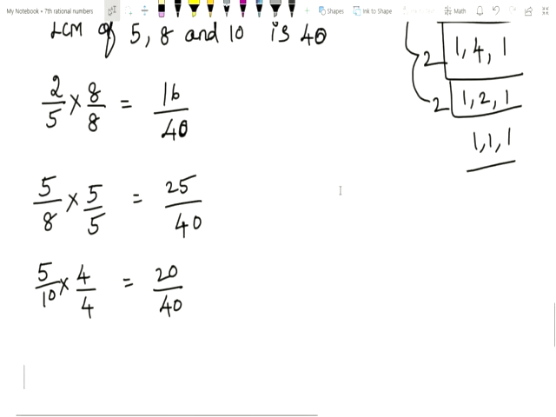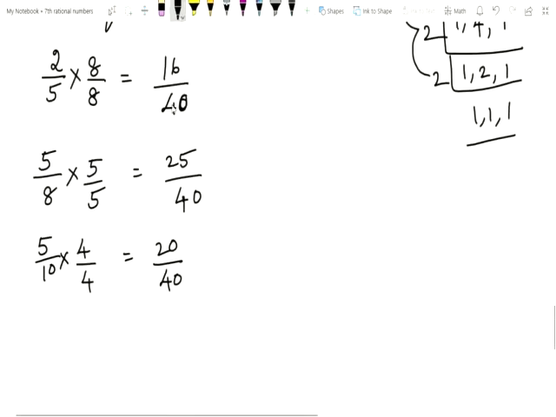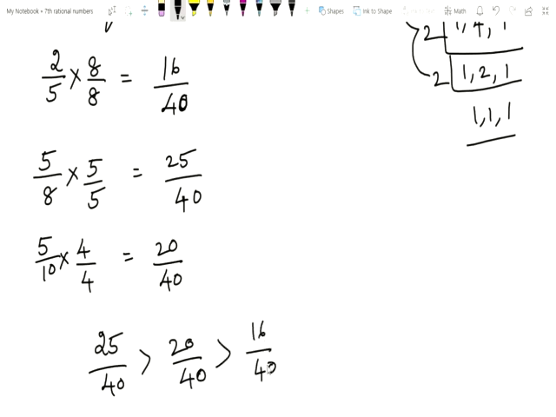Here, you write it in order, which is greater first. 25 by 40 is greater than 20 by 40, which is greater than 16 by 40. So which is the maximum? 25 by 40 is the maximum. What is the original number? 5 by 8.